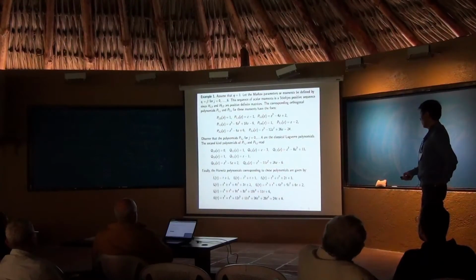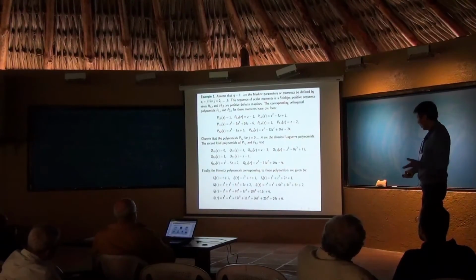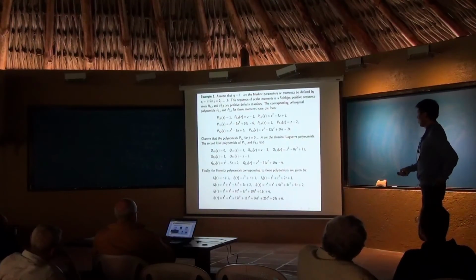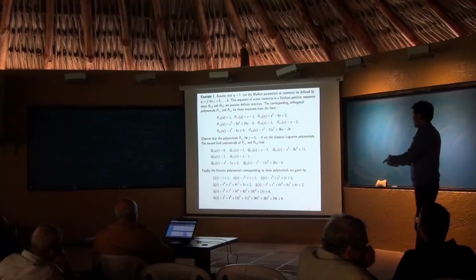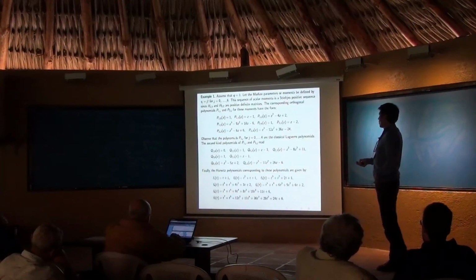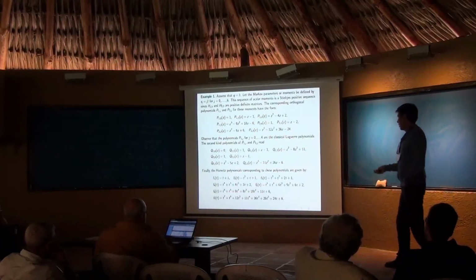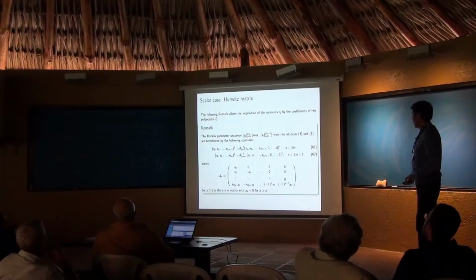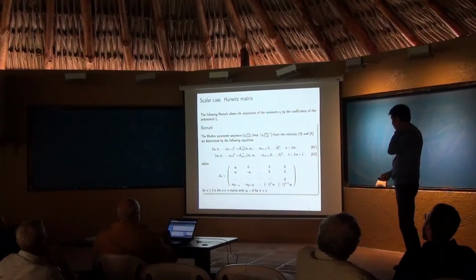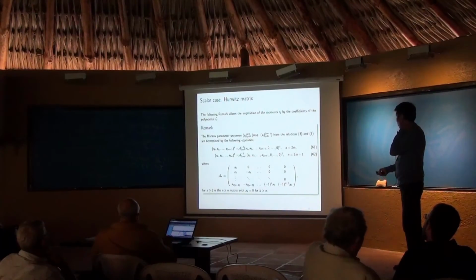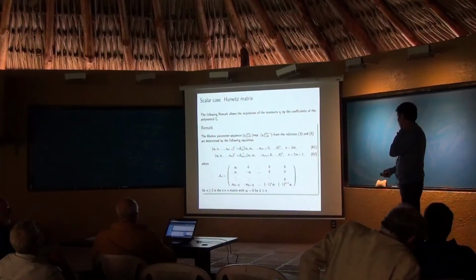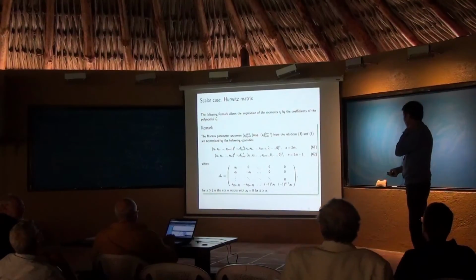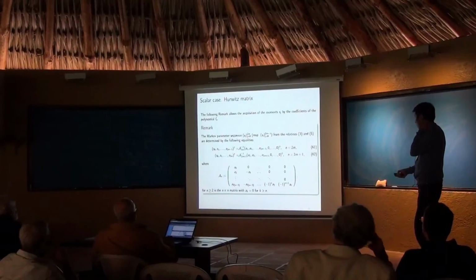So this is one way to construct Hurwitz polynomials, and now we know that every Hurwitz polynomial is actually a member of the orthogonal polynomials in zero infinity. So this is one fact. And here, in the scalar case, one can have this remark, and the connection between the moments and the coefficients.